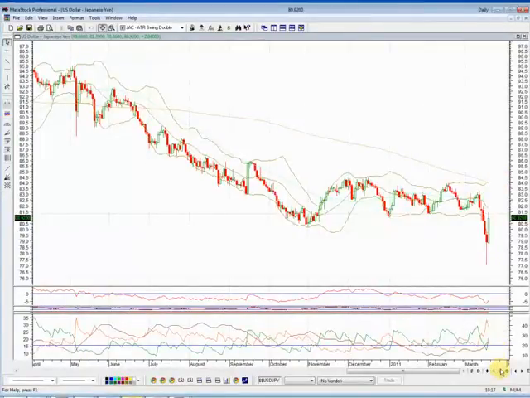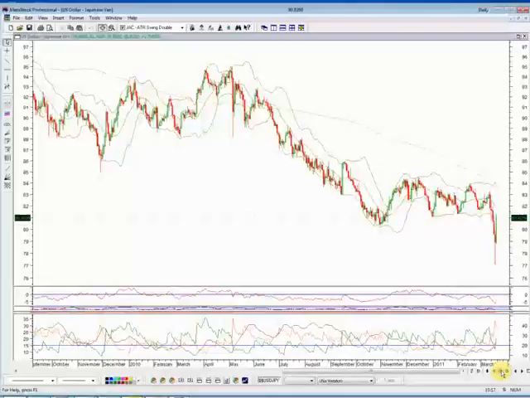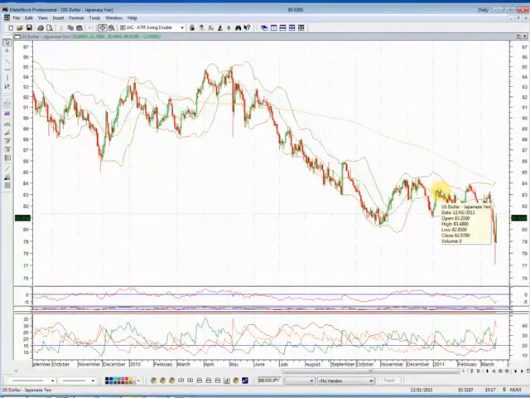One important thing that I need to mention here is that the overall trend for the last year or so for the US dollar Japanese yen is downwards. In other words, the Japanese yen is gaining value against the US dollar.